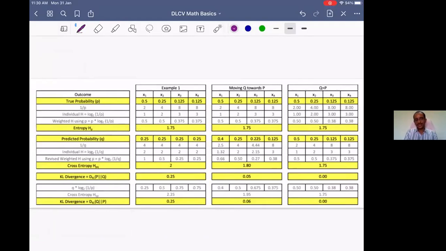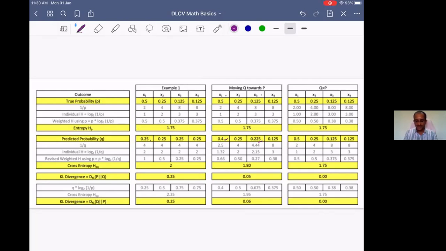So here, gradually moving the predicted probability towards P, taking from the previous example, as you can see, will reduce the KL divergence. As you can see here, this is 0.25 and here it is 0.4, slightly moving towards 0.5, which is there, and here also it is slightly decreased.